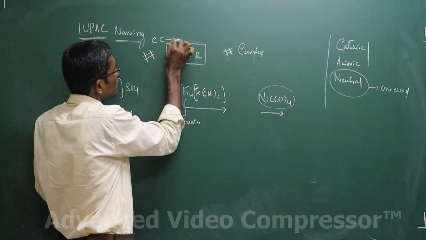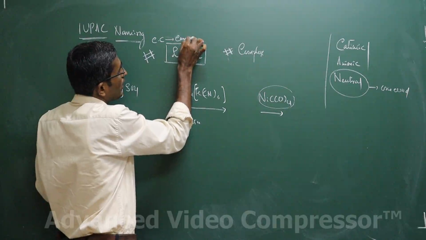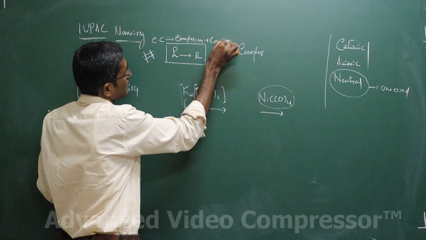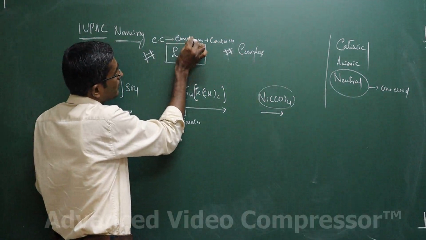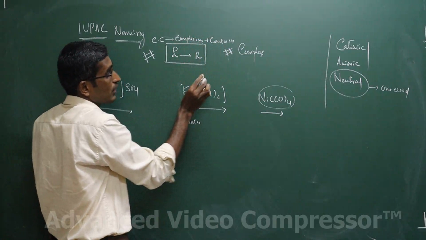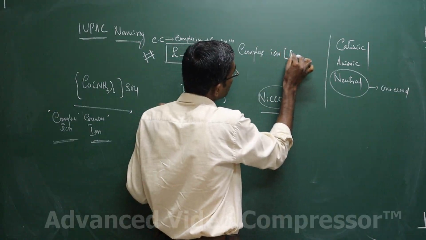A coordination complex consists of a counter ion as well as a complex ion. Don't confuse. For the complex as a whole, you start from left to right. In the complex ion naming, you always start from right to left.